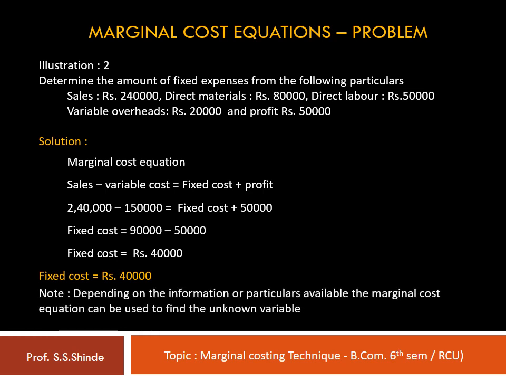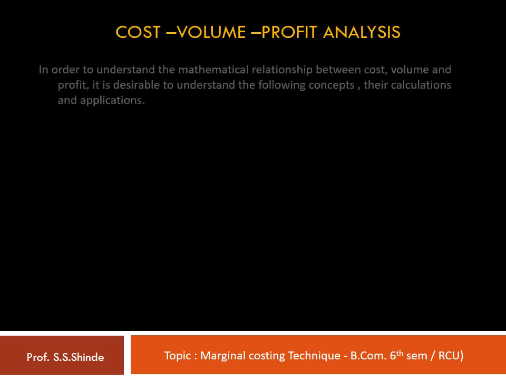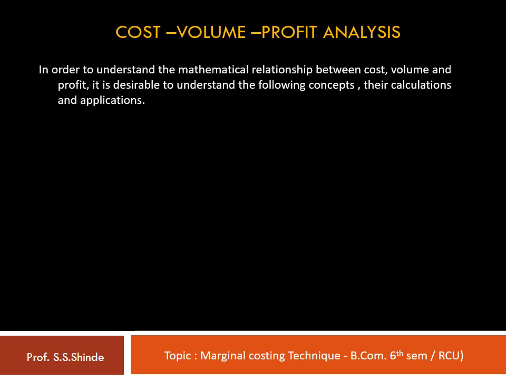Students should note here that depending on the information or particulars available, the marginal cost equation can be used to find the unknown variable. In order to understand the mathematical relationship between cost, volume, and profit, it is desirable to understand the following concepts, their calculations and applications.